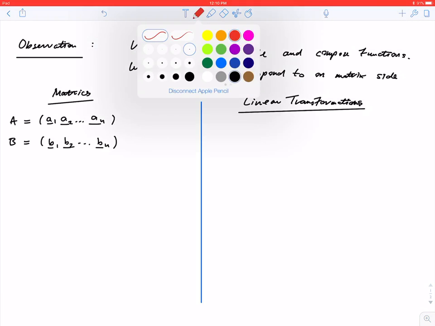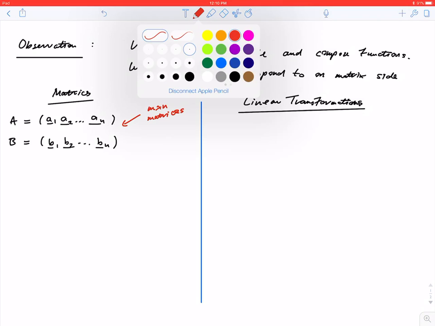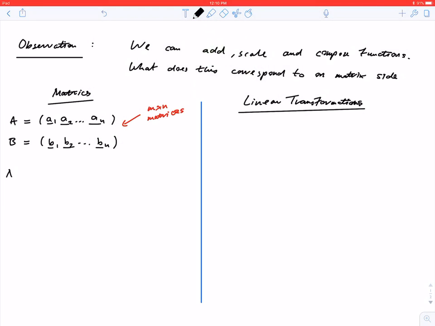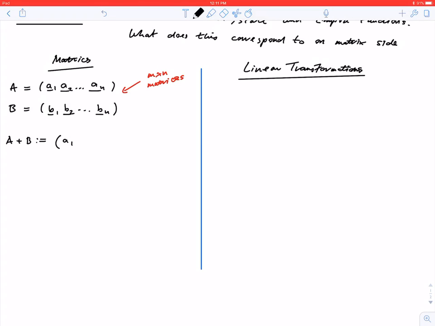These are two n by n matrices, so all the columns are in Rm. The columns are all in the same space. Well then, we define the sum of the matrices to be the term by term sum of all of the vectors.